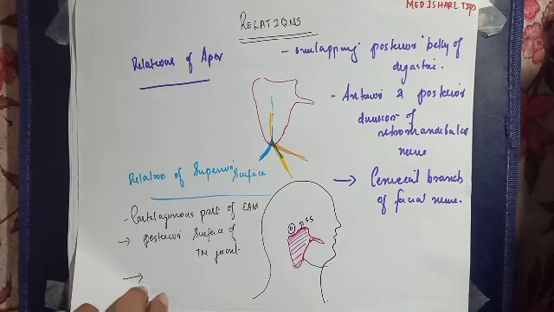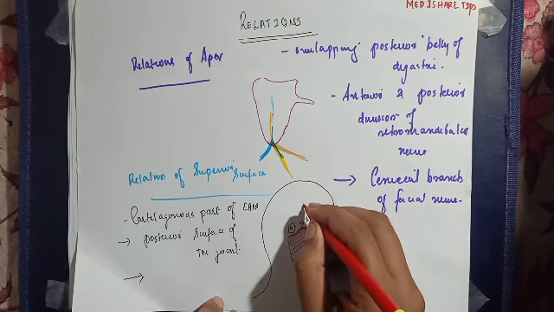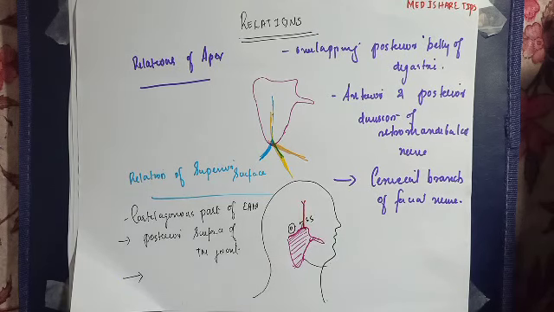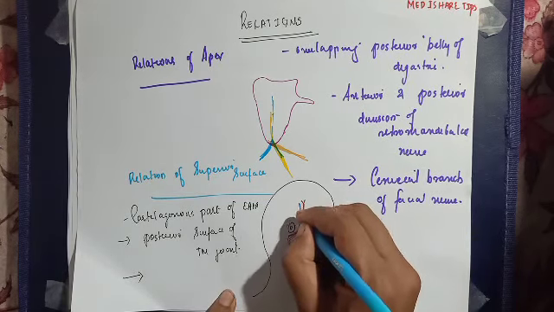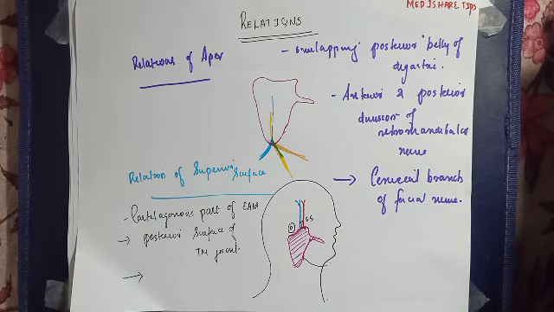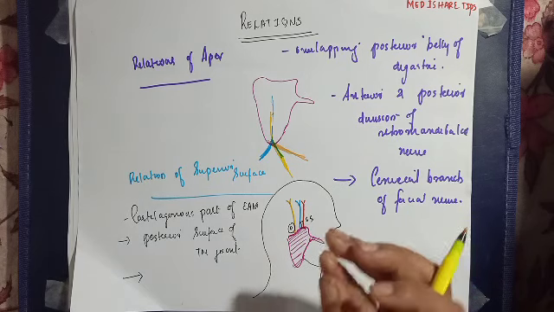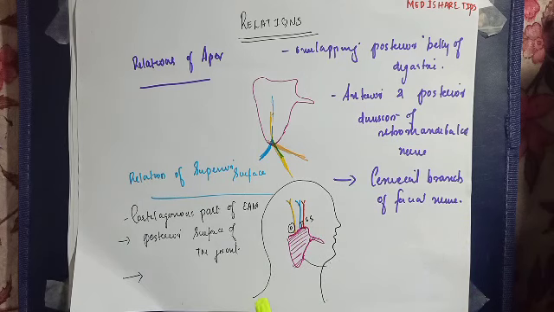One vessel is the superficial temporal vessel. You have the superficial temporal artery here, and the superficial temporal vein here. And you have an important nerve here, that is the auriculotemporal nerve. These are the neurovascular structures related to the superior surface of the parotid gland.